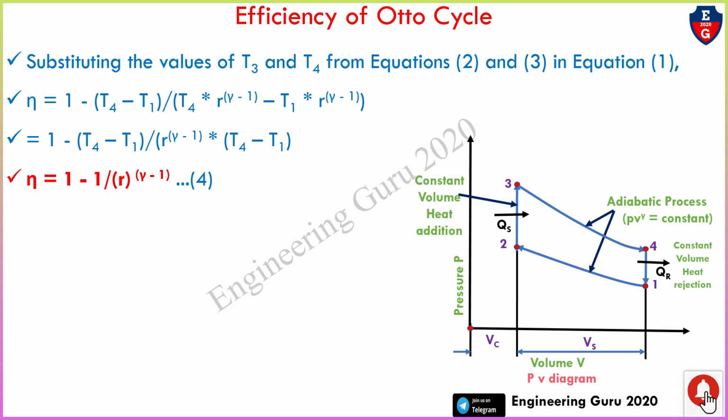So the final efficiency of the Otto cycle is 1 minus 1 divided by r raised to gamma minus 1. From this formula, you can find the efficiency of the Otto cycle.